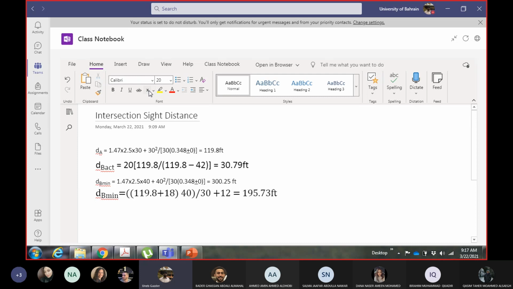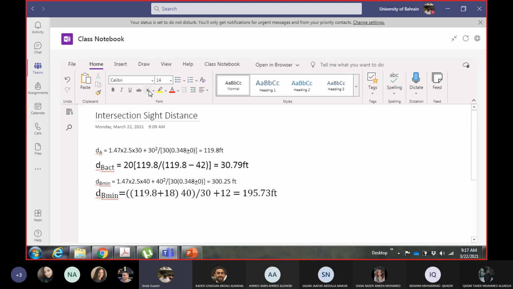But if you compare the actual dB, this is not even satisfying the historical approach as well, which is much lower than the dB which you require for stopping. Okay, so the actual side distance available for the driver from road B is not enough from any of the approaches. So that means this intersection does not have enough side distance.